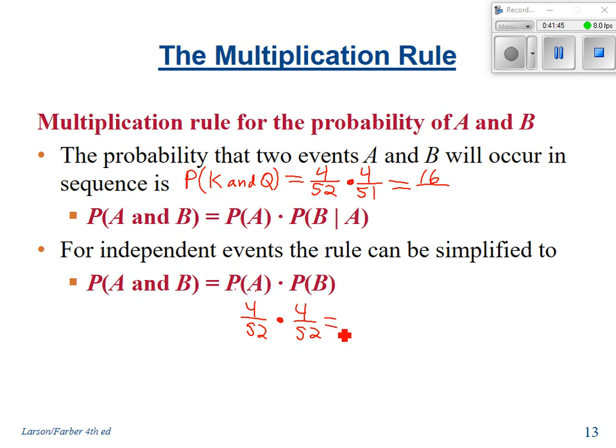Notice it's going to give you two different probabilities: dependent events, independent events. With independent events, we could add more onto here: the probability event C happens times the probability event D happens, as far out as we want to go. You just multiply those together to get the probability of all of them happening at one time.